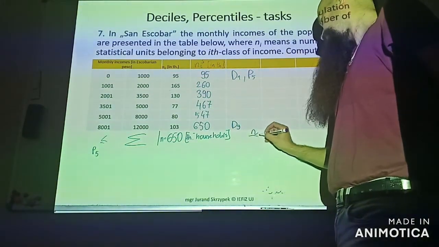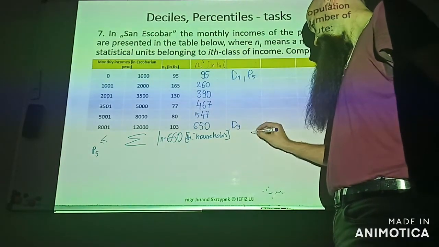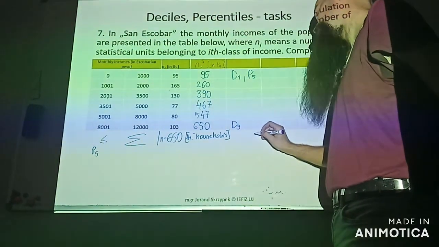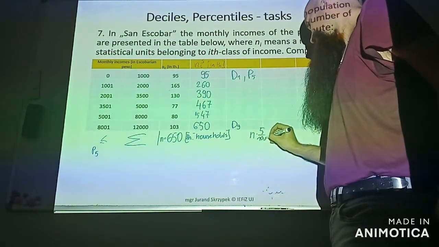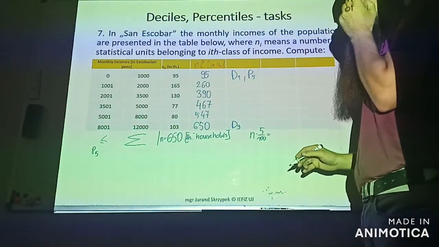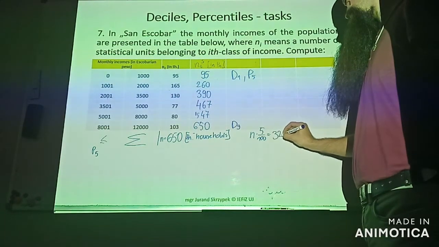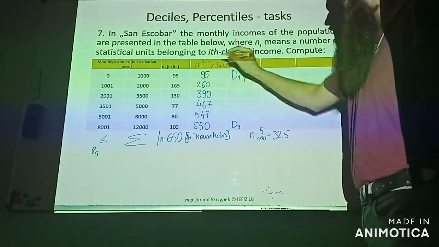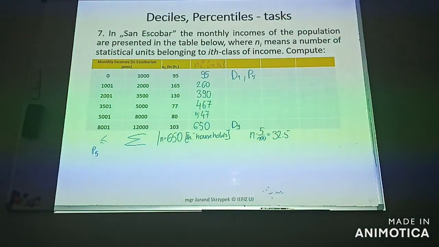So we multiply the population size by 5%, yeah, and the result is 65 divided by 2, 32.5, and of course we exceed this amount in the first class.